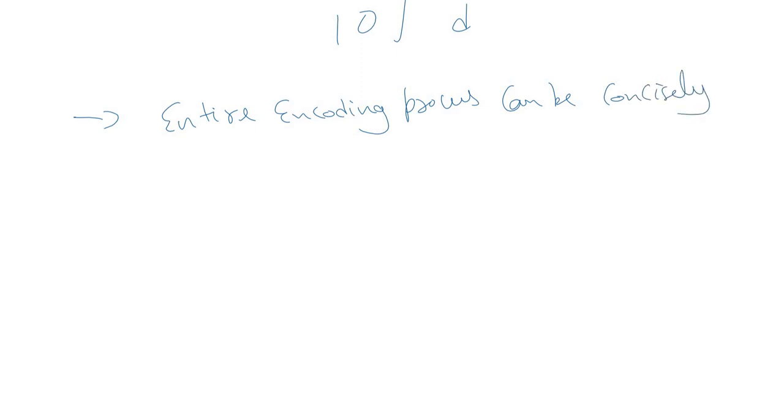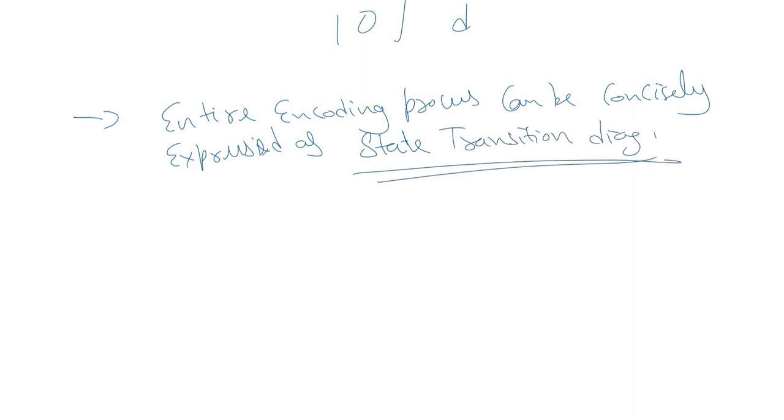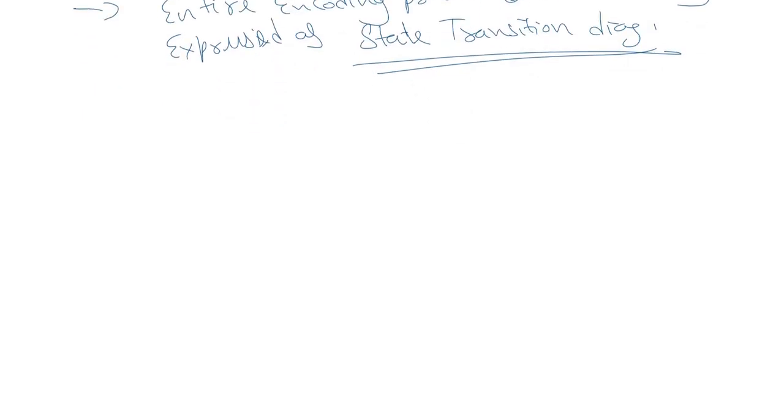You can say that this entire encoding process can be concisely expressed as a state transition diagram. Let us try to make the state transition diagram based on it now.